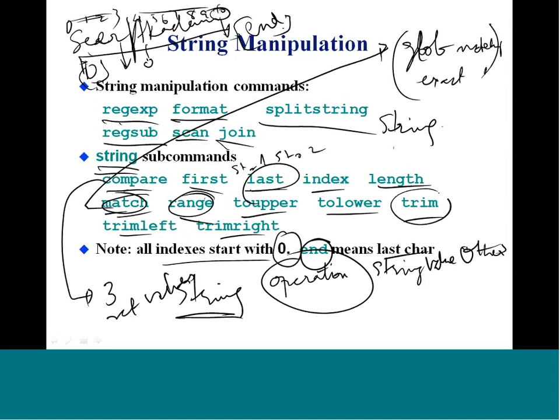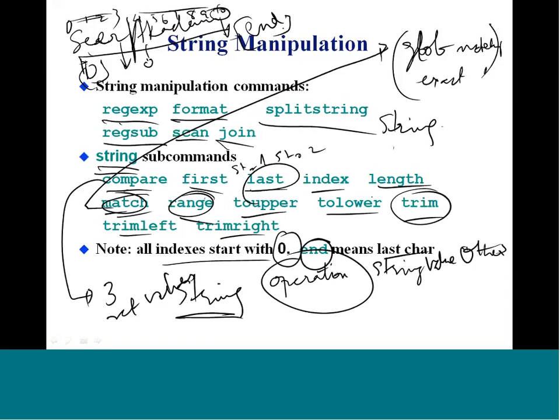Then we can also trim the string, which trims from both ends of the string. It also has optional characters that you can specify, and those are the characters it will trim.